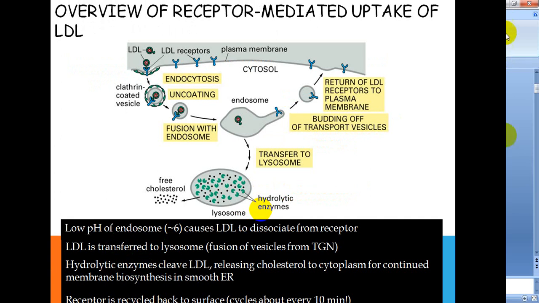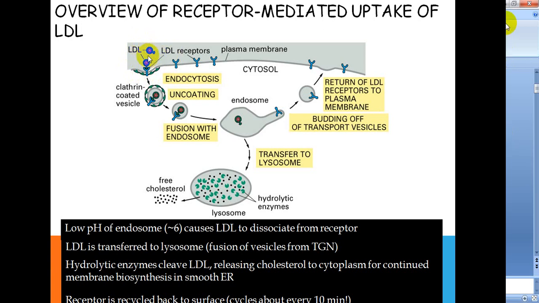So these are the LDL receptors found over the plasma membrane. Now you can see this LDL receptor over the coated pit, and this is the low density lipoprotein.